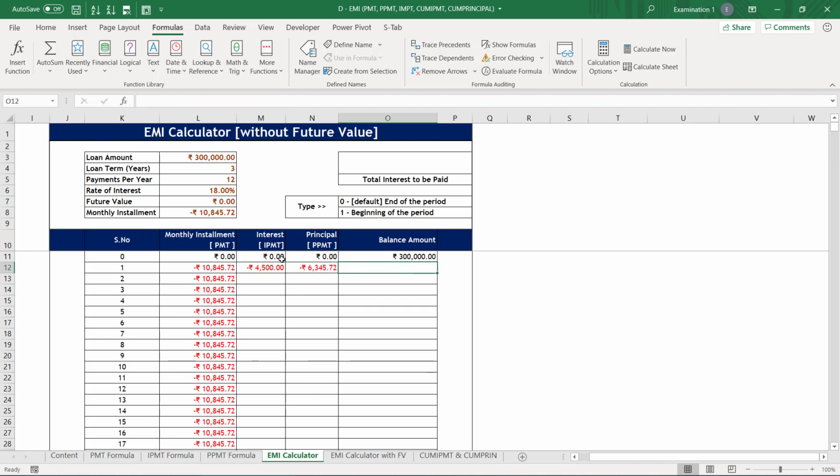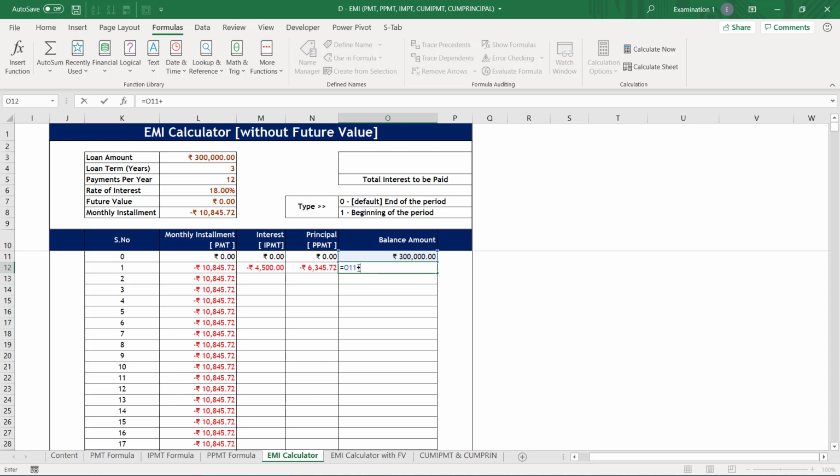Now the balance amount after the payment of the very first EMI is going to be equal to the total amount I have borrowed minus the principal which is going to be paid in this installment. And since it is a negative amount, I do not need to minus this.